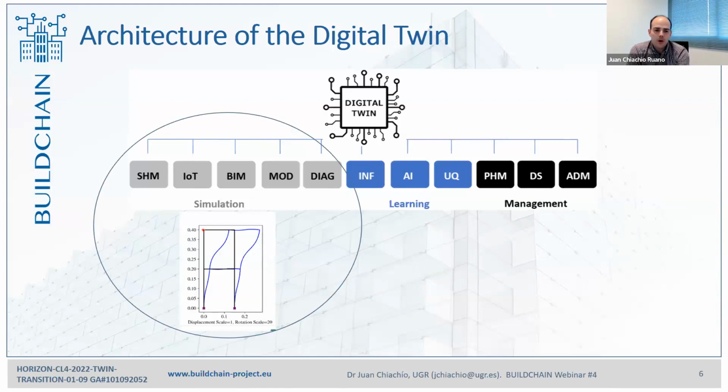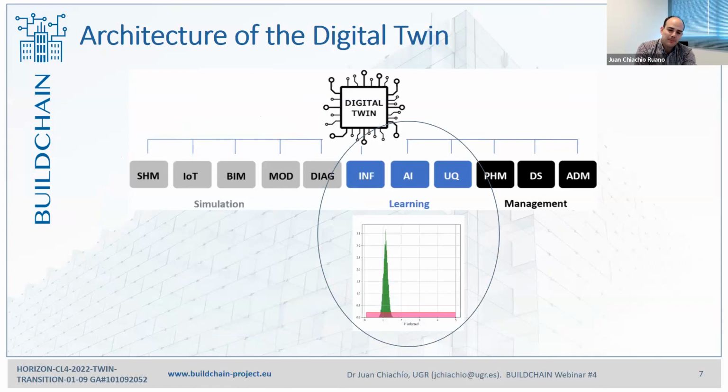The simulation block is a computational technology where we can simulate our physical reality. This means, for example, finite element modeling, computational models of the structure. This means, for example, BIM, building information modeling technology. This means SHM, structural health monitoring. All these are part of this simulation block that we are highlighting here.